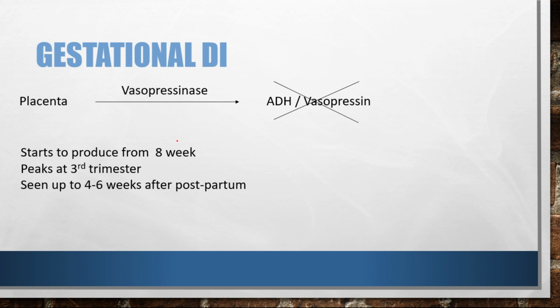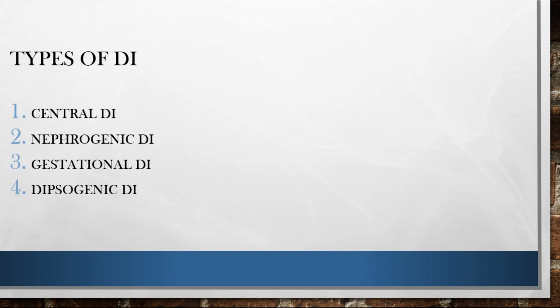The production of vasopressinase starts from the 8th week of pregnancy, and it peaks at the third trimester. So the symptoms are mainly seen in the third trimester, and after removal of the placenta from the mother, the symptoms can still be seen up to 4 to 6 weeks postpartum due to the presence of residual vasopressinase enzymes.